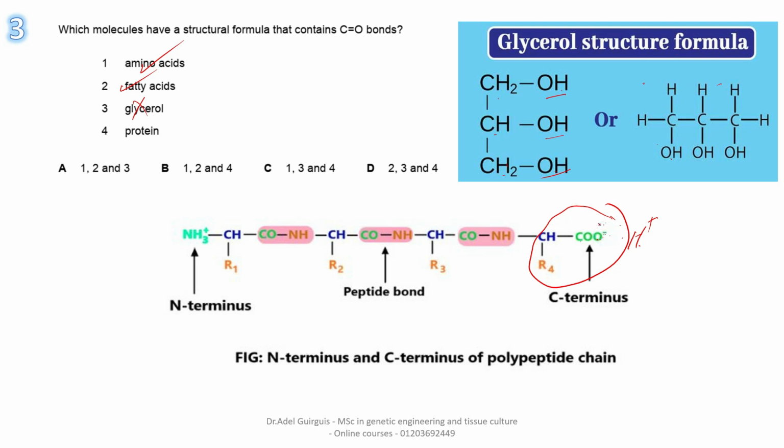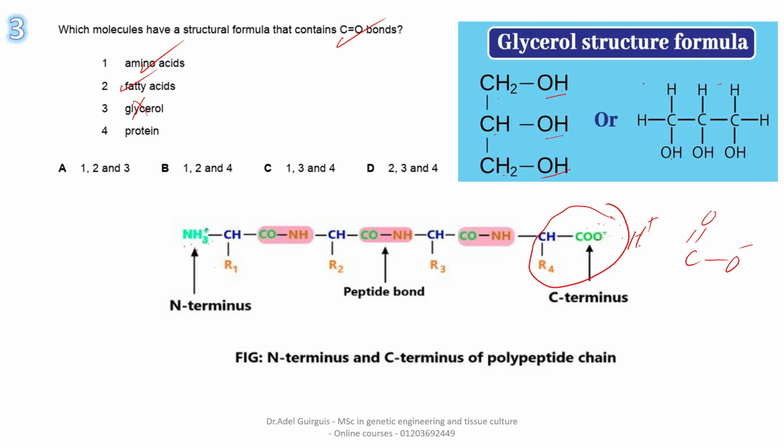So it leaves a negative charge on this O. It also contains what? It contains C double bond O in this position, C double bond O minus charge, complete negative charge. What about the other terminal? The other terminal, the N terminal, where the last or the first amino acid from the other side contains the amino group.